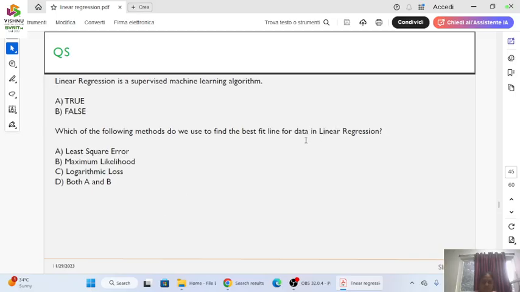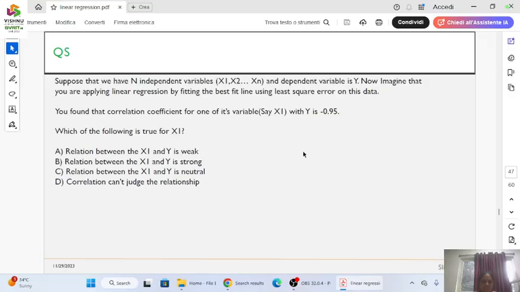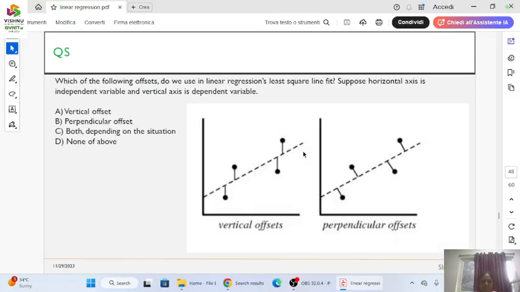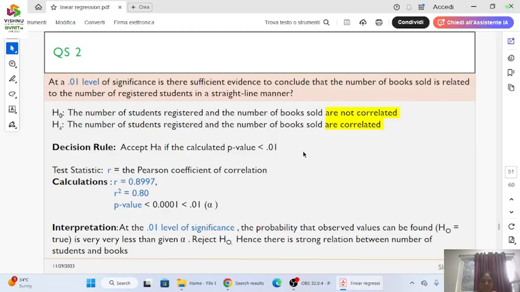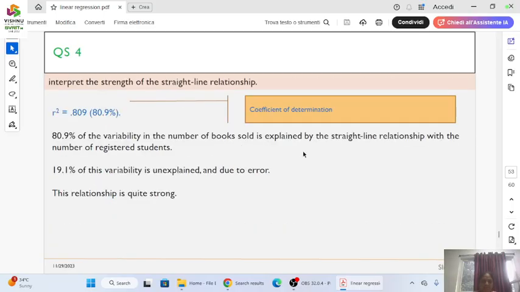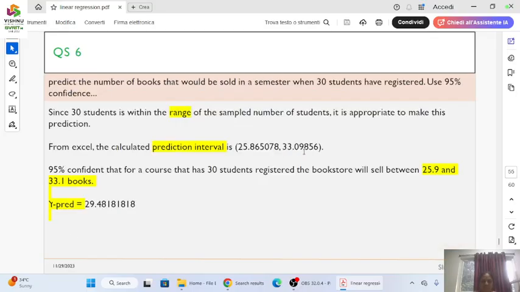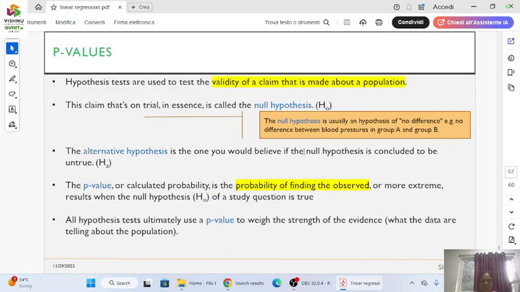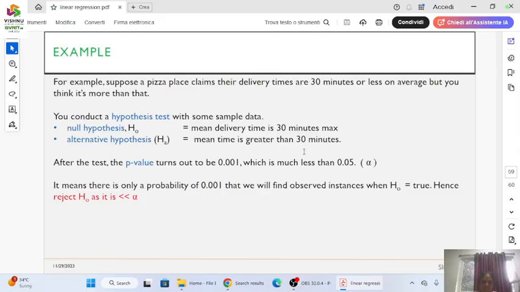And here also: which method can fit the data for linear regression, all those things. I am sending this PPT also. Keep it with you and go with that. So these are all the questions. Without fail, you have to do them, right? I have given the answers for a few of them also.